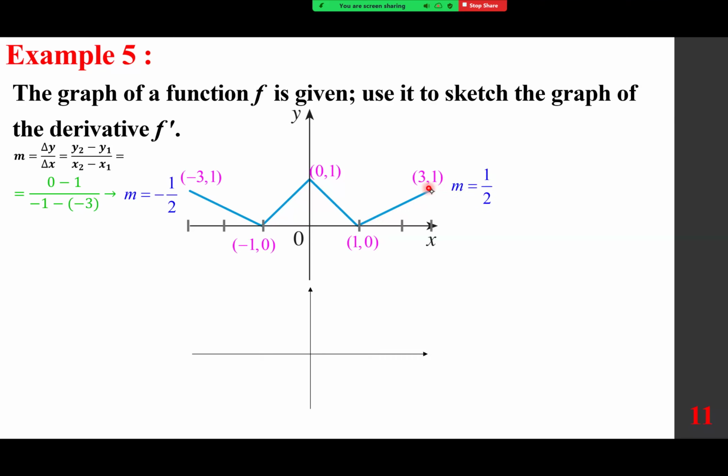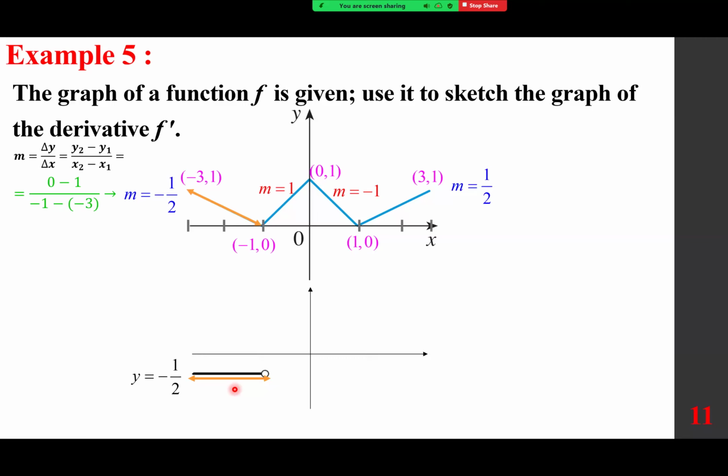You can easily see the slope, if you go through the process, is 1 here, whereas here it is negative 1. So we have all those slopes. Just look at this piece: m equals negative 1/2, so y equals negative 1/2. For this portion, we draw a line segment, and that's the answer.